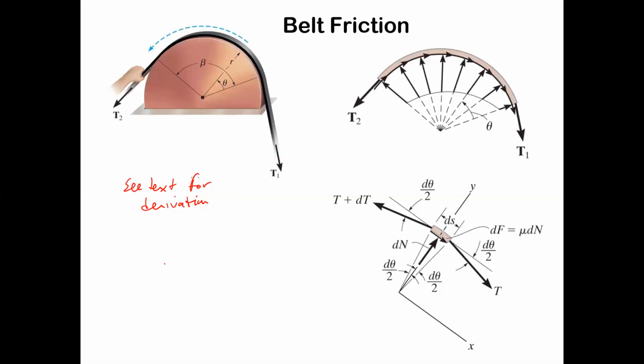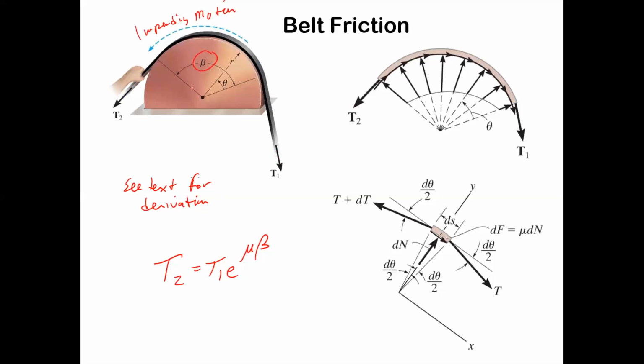The formula for belt friction is very simply T2 equals T1 e to the mu beta. But you've got to figure out which way impending motion is. And in this case, they're showing you impending motion here. That's not b, by the way. That's T1 e to the mu, not mu sub b. It's mu times beta. And beta is this angle here.